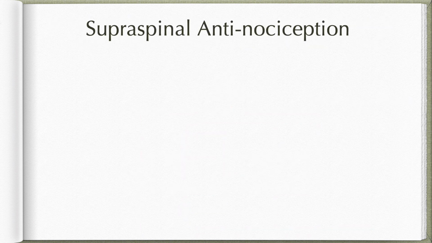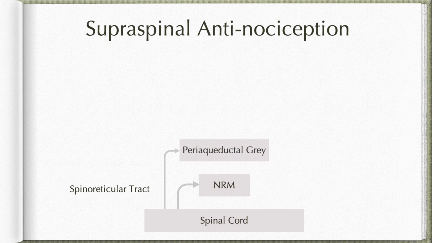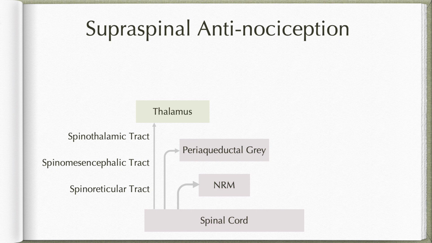Coming to the supraspinal pain modulation, this works in a top-down fashion through ascending pain pathways like spinoreticular, spinomesencephalic, and spinothalamic tracts. Spinal cord sends pain information to reticular formation, periaqueductal gray, and thalamus, which then project to cortex. Now, pain modulation occurs through descending pathways.